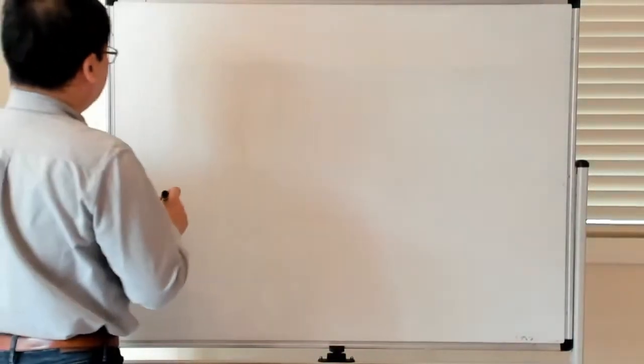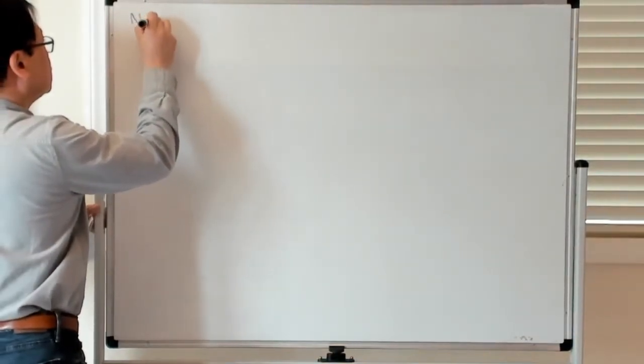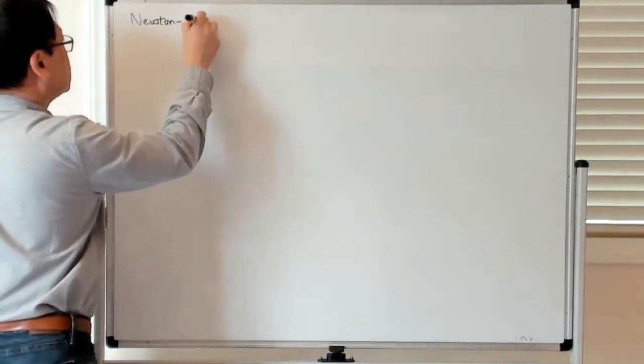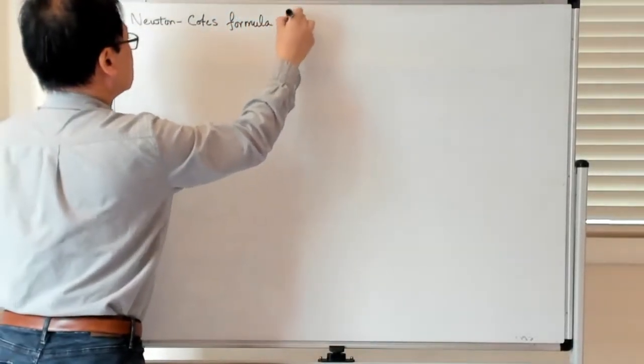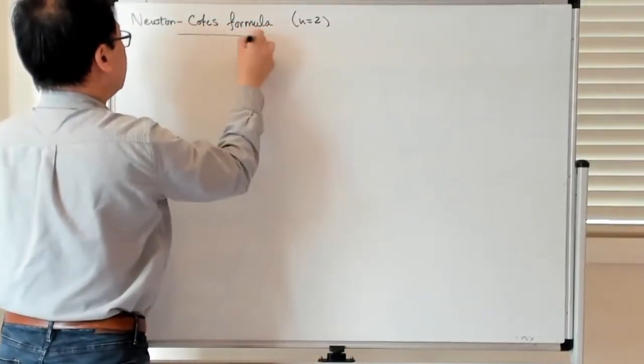All right, so now let's talk about the Newton-Cotes formula for n equals 2.